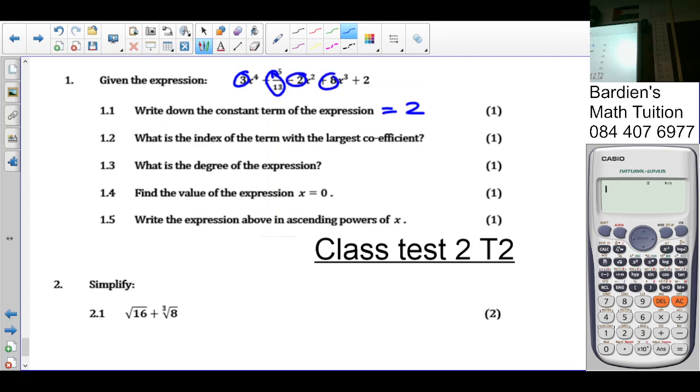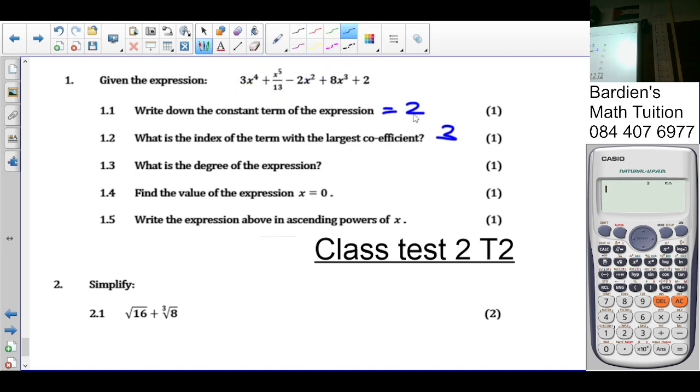And that is the constant. So that term has the highest coefficient. So you all agree that 8 is the largest coefficient. Not so? So what is the index of this? Of course, 3.